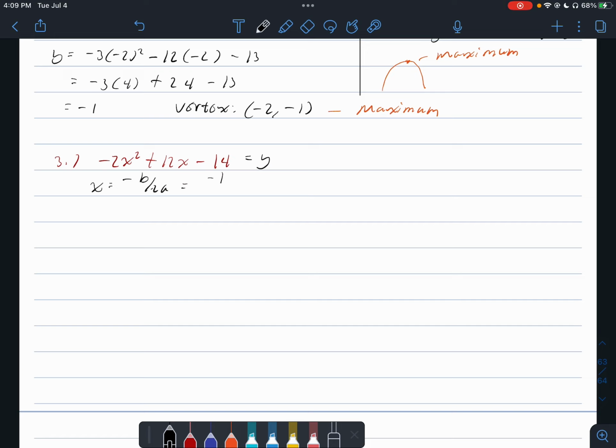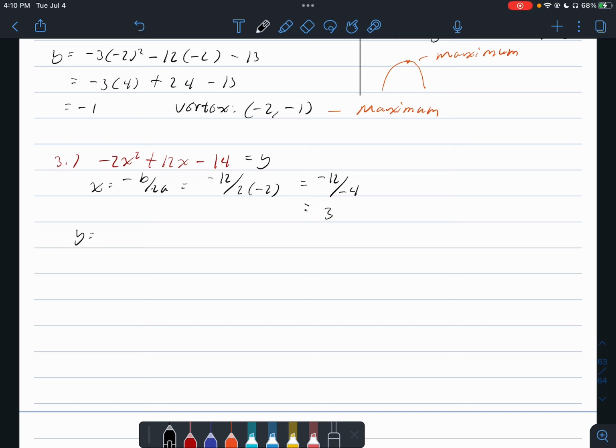Or we have negative 12 over 2 times negative 2. This is going to be negative 12 over negative 4, or we can just think of this as positive 3. These negatives are going to cancel, and then we have just 12 over 4, which is 3. So the x component of our vertex is 3.